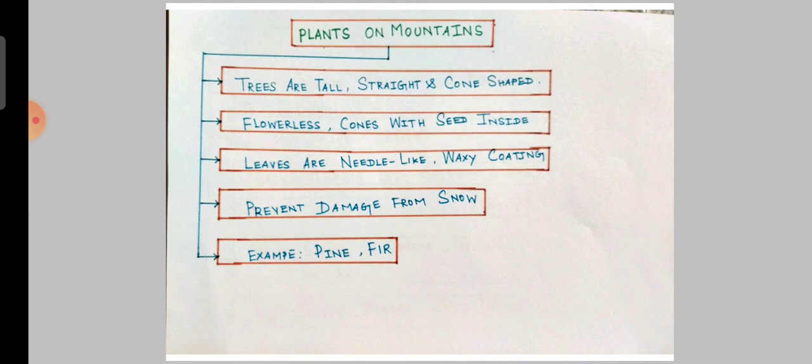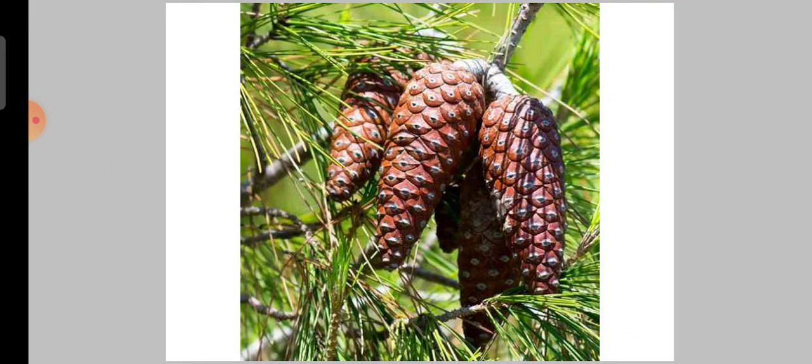Leaves are in a needle-like structure which have a waxy coating to prevent them from snow. Examples: pine and fir. This is an image of a pine tree which has cones.